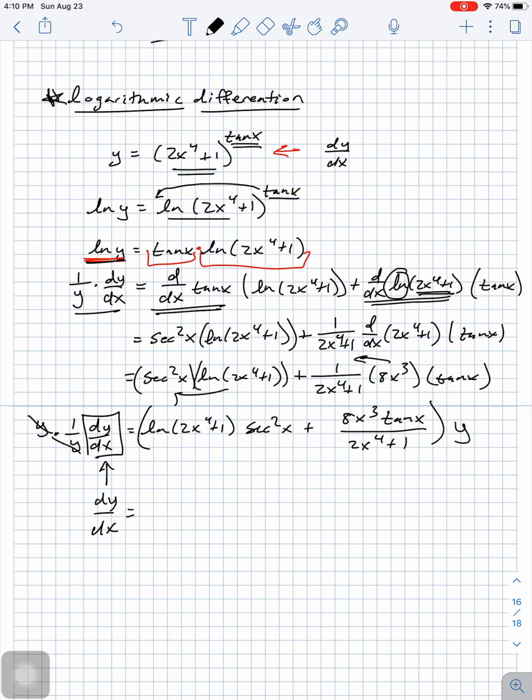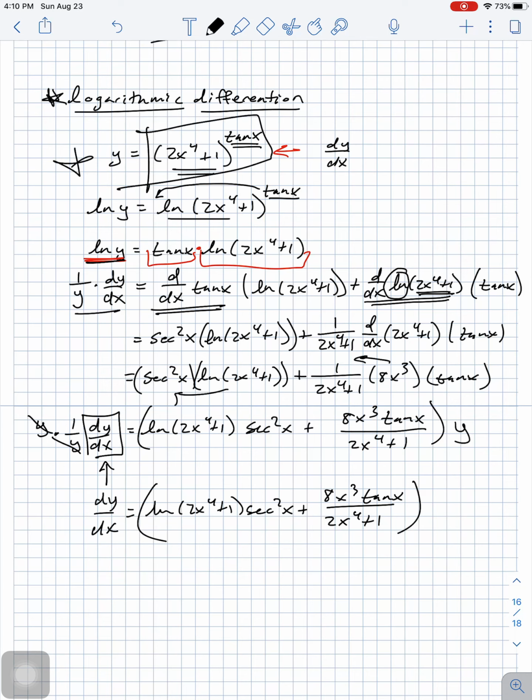So dy dx is going to be all of this stuff times y. Now what is y? We go up to the top to see what y is. This is going to be 2x to the fourth plus 1 to the tangent x. And this is the derivative.